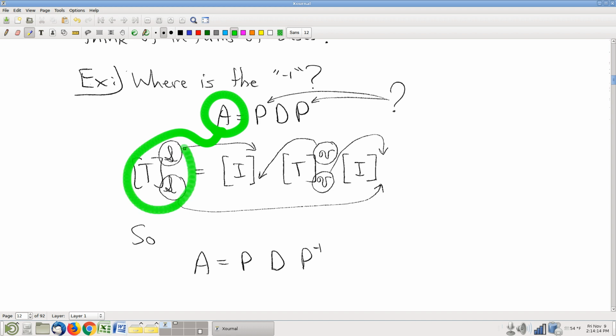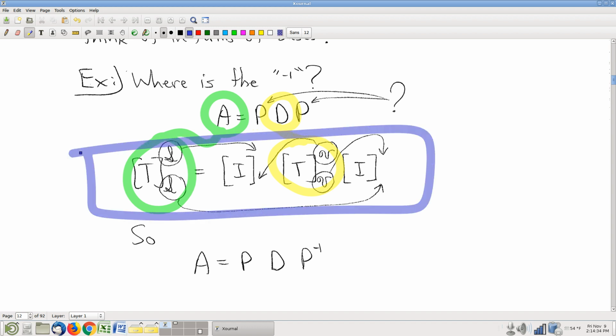Your matrix that you're trying to diagonalize, naturally you view that as with respect to the standard basis. The diagonal form is, of course, what you get when you think about that same transformation with respect to a different basis. And notice, for this to be a change of basis equation, the bases have to match up.